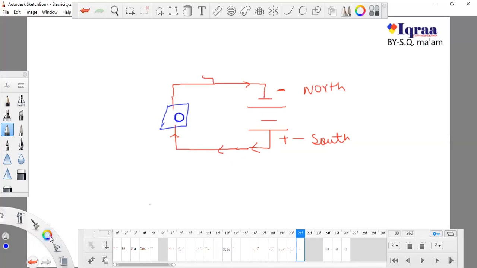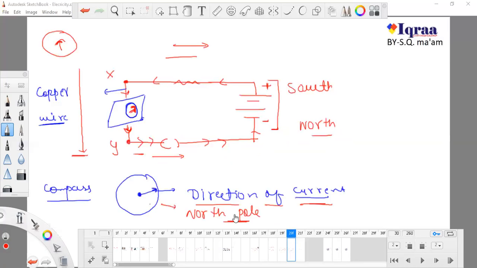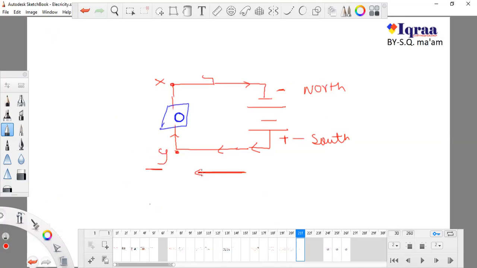Now again, there are two points, point X and point Y. In the first case the direction of current is from here to here, and in the second case it is from here to here.